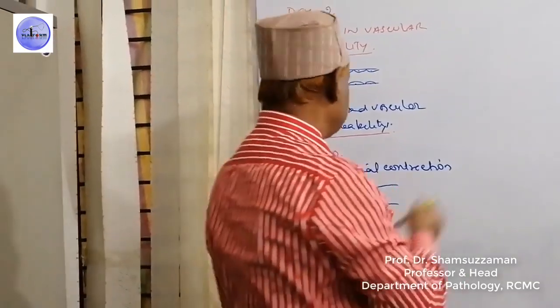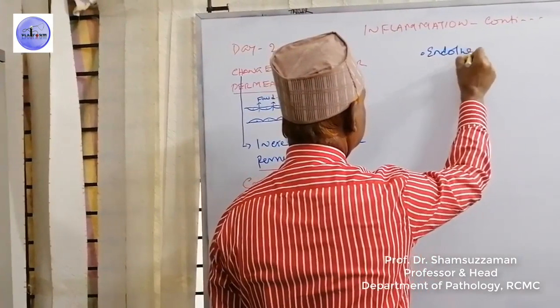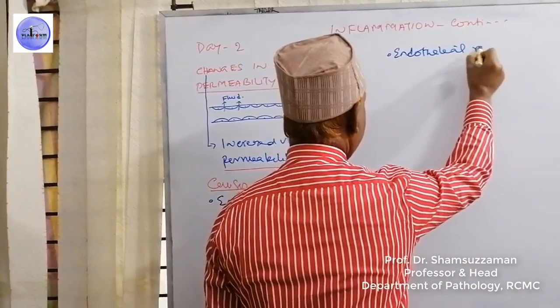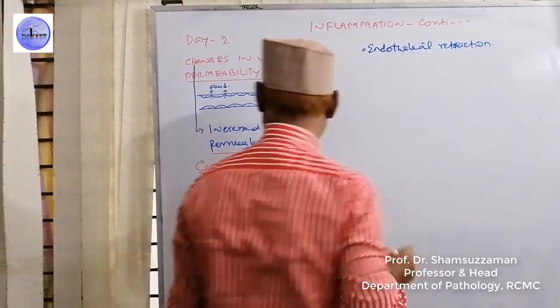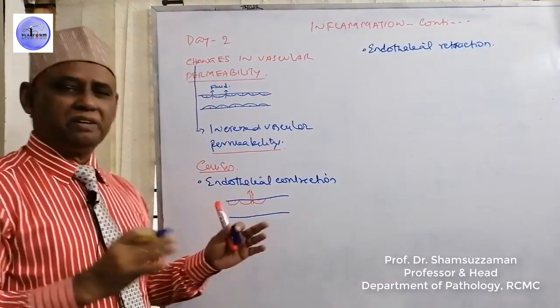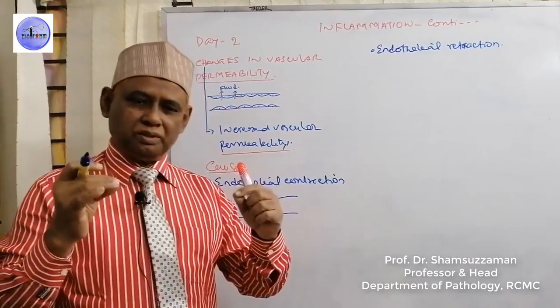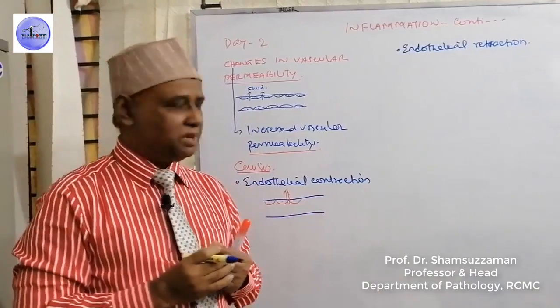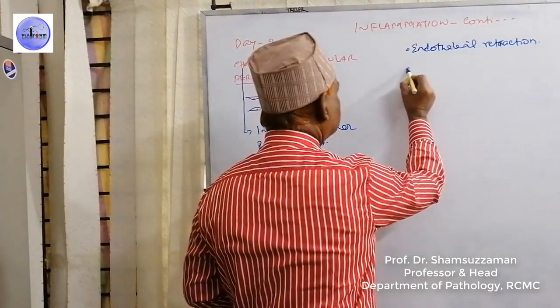The second cause is endothelial retraction. If there is endothelial retraction, there is an increased gap between the endothelium, and there will be increased vascular permeability.